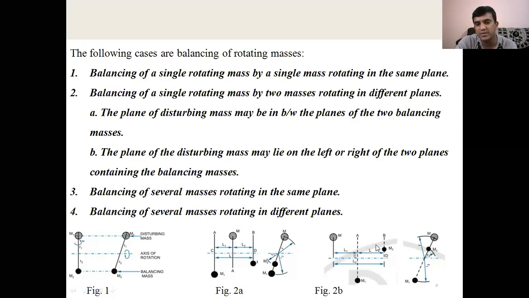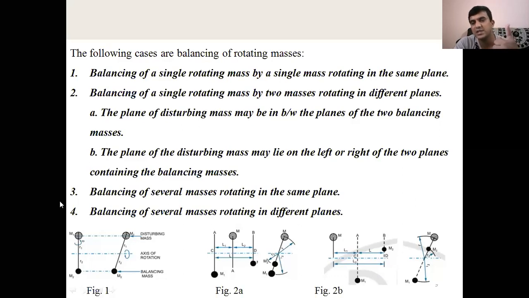The disturbed mass may be towards the left side of those two counter masses, or it may come here in the reverse direction also. This is the second case.